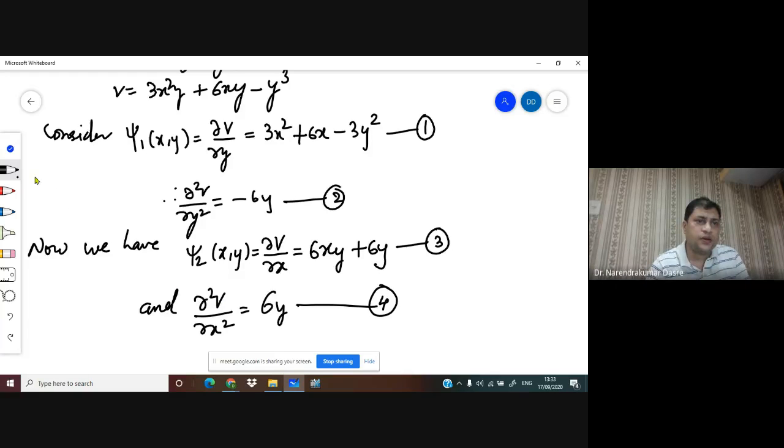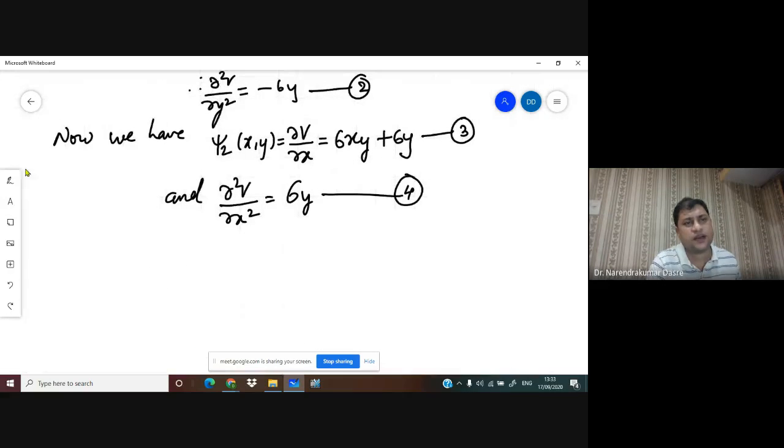Now we want to show that this is a harmonic function. So we add equations 2 and 4 and see whether they give us the required result.